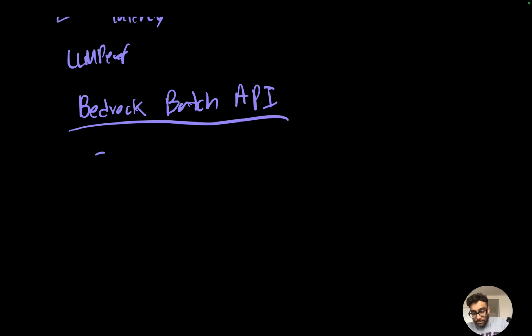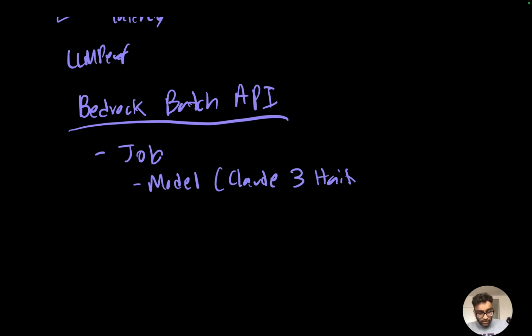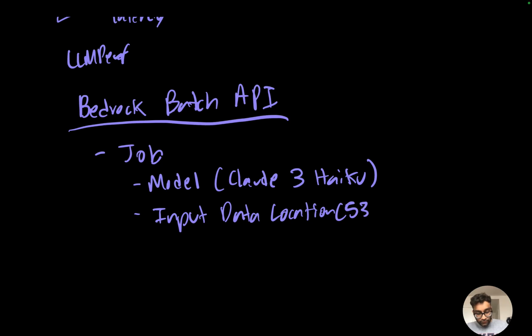I already talked about it a little, but it's essentially a job where you can pick the model for the underlying batch job. In our use case, we'll use Claude 3 Haiku, I believe. You give an input data location, which is going to be in S3, and you have to structure this in the format that your model expects. The general file format itself is JSON lines.